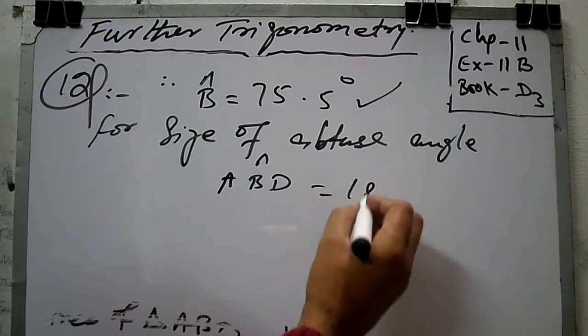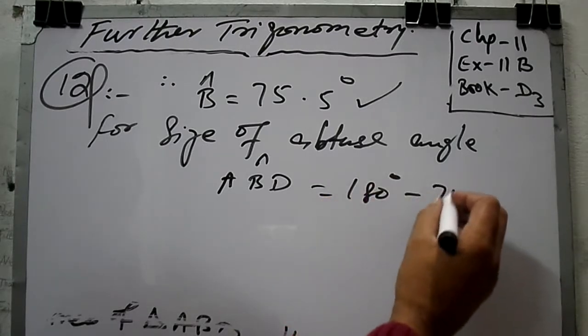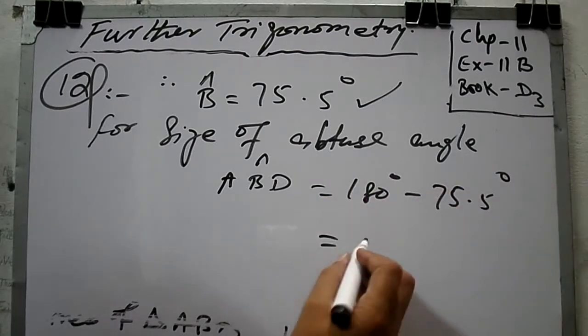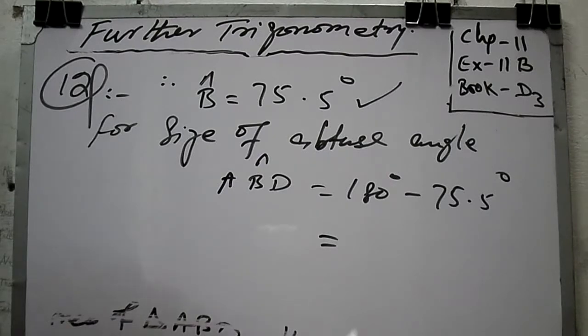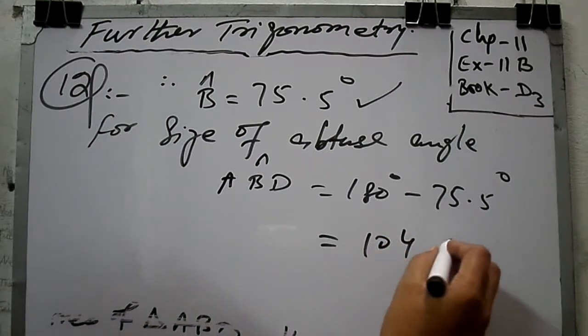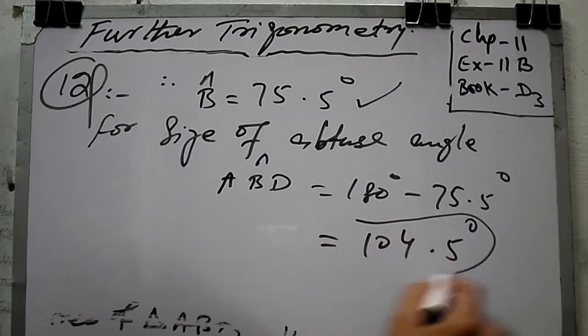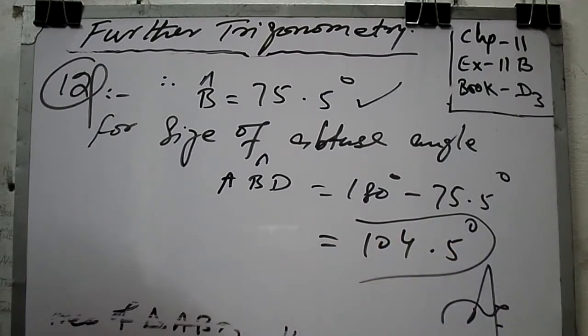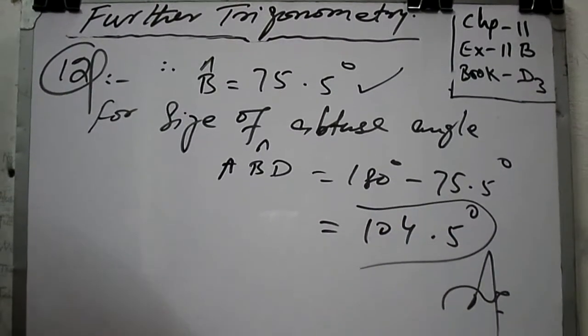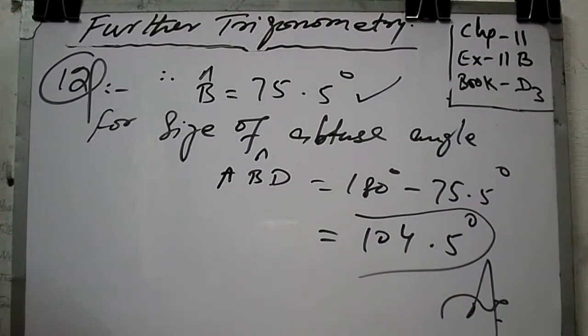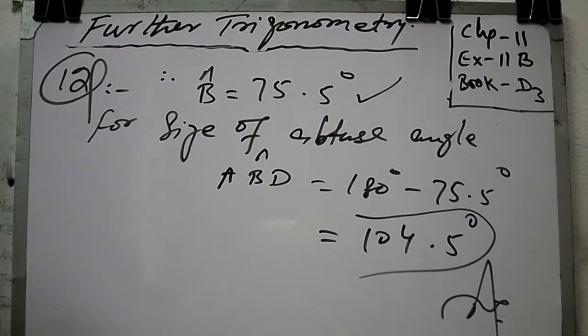It is equal to 180 minus 75.5 degree. So you will get 104.5 degree. So here is your result. So we have completed exercise 11B. I hope that this will be very helpful to you to understand in a better way. So thanks a lot. Thank you for watching.